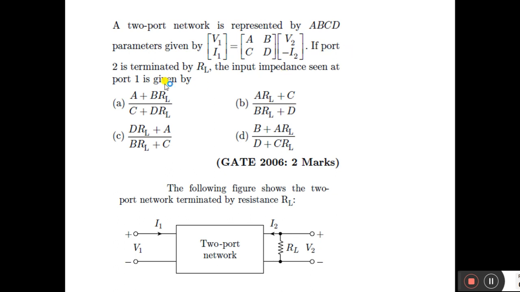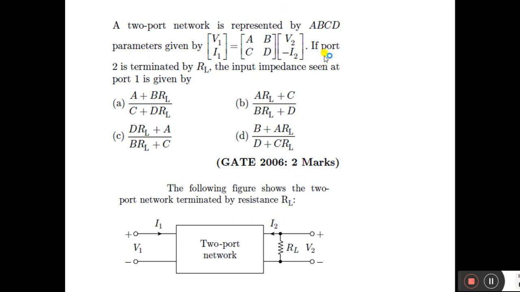Here, if port 2 is terminated by capital RL, the input impedance seen at port 1 is given by: option A, A plus B RL divided by C plus D RL. Option B, A RL plus C divided by B RL plus D. Option C, D RL plus A, B RL plus C. Option D, B plus A RL divided by D plus C RL. This question was asked in GATE 2006, a 2 mark question.